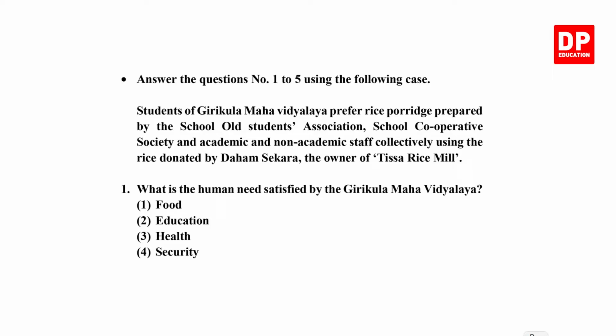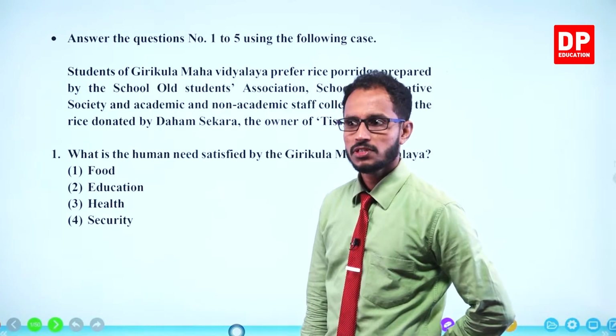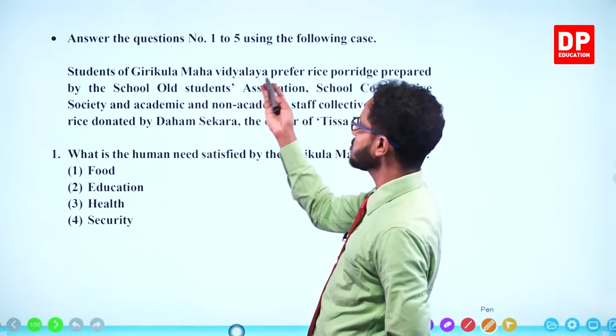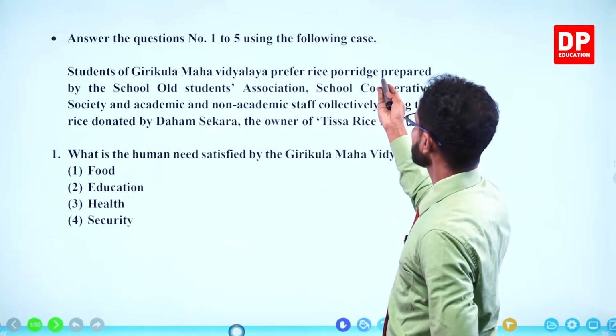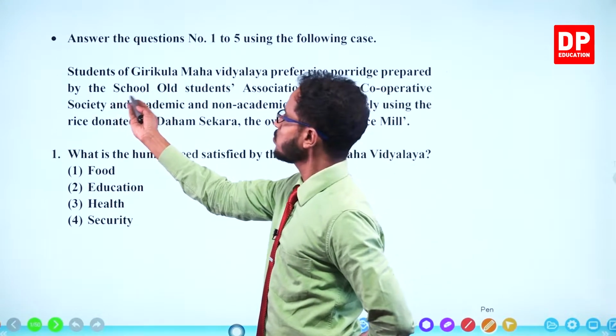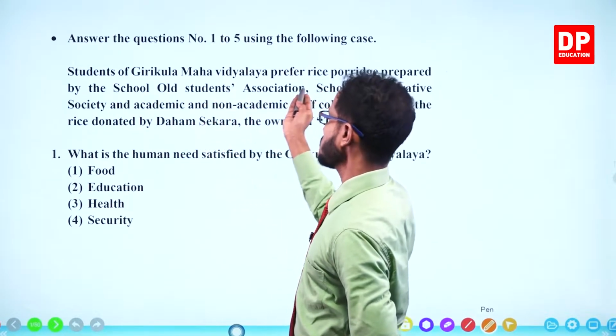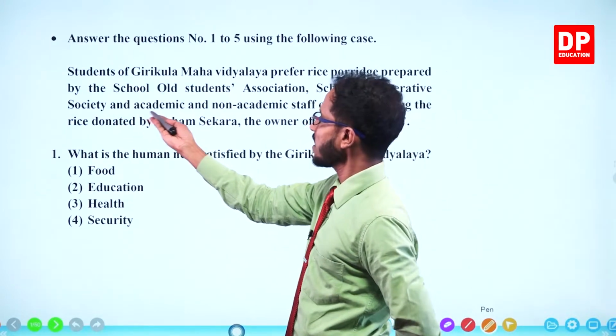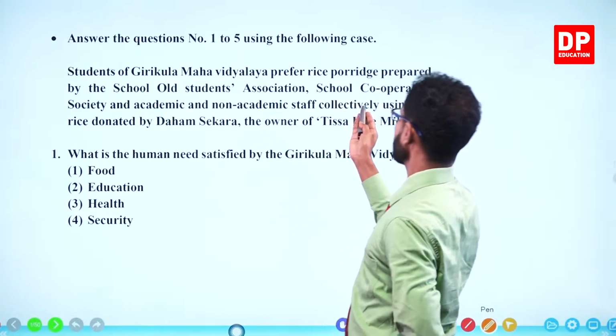It's a government school, Girikula Mahavidyalaya. They are offering rice porridge to the students. Rice porridge means kola kanda? No, but kanda. Rice porridge to the school children, prepared by School All Students Association and School Cooperative Society and academic and non-academic staff collectively.